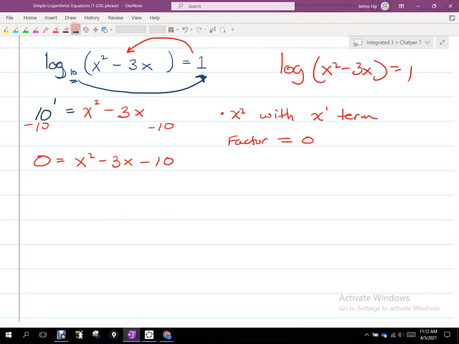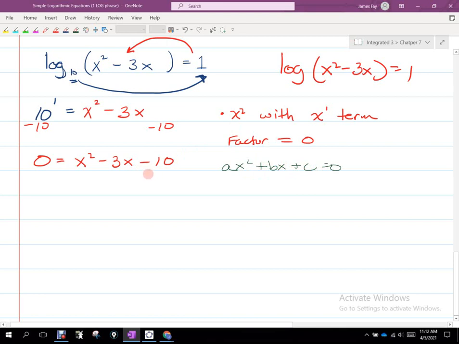Now, if we have this setup, remember this is an ax squared plus bx plus c equals 0 setup. When you have that, there are several different techniques that we can use. The first one you're going to try is the product sum technique.